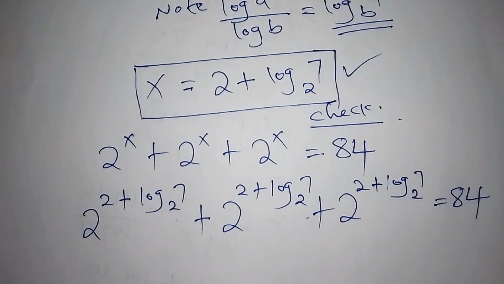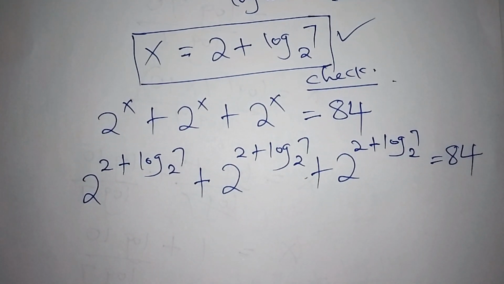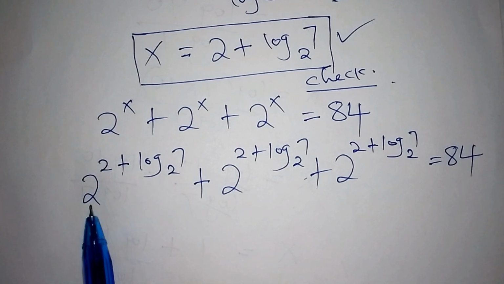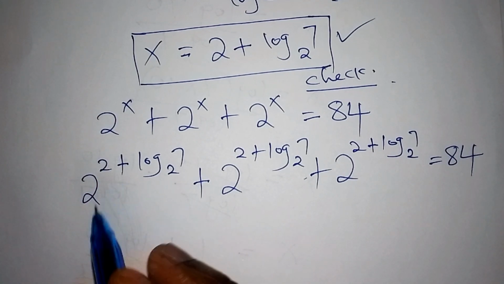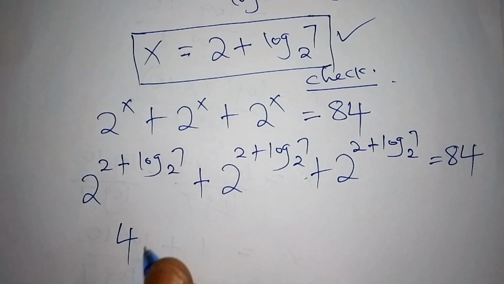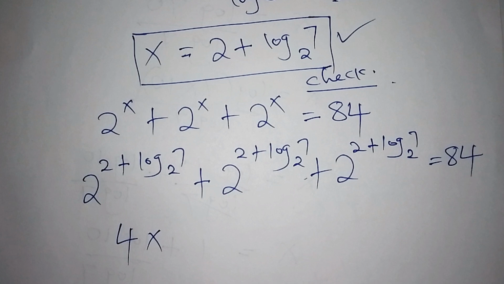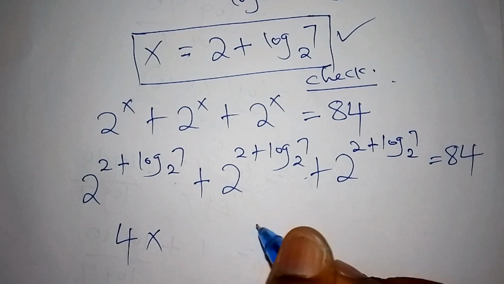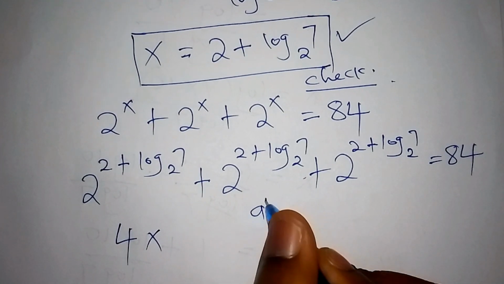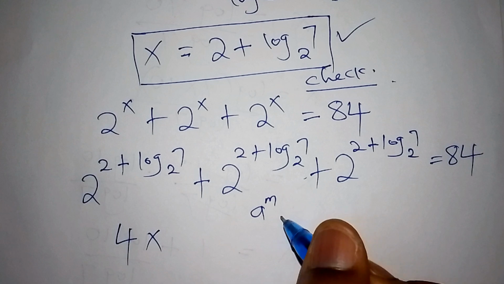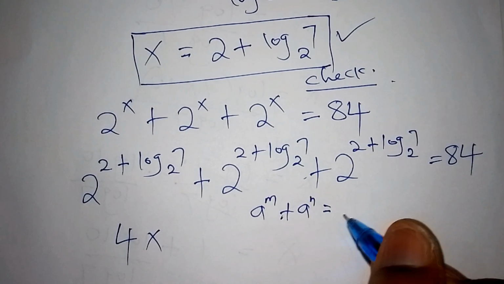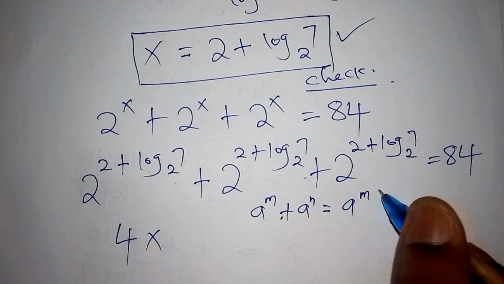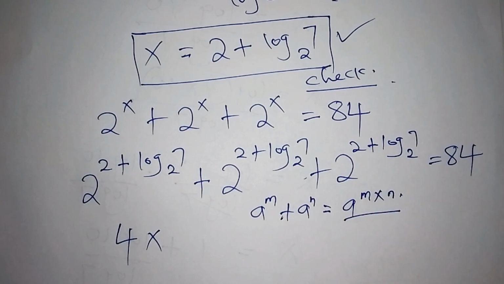So we shall now work out the whole of this value. So 2 to the power of 2 is 4, like we are working out 2 times 2, which is 4. So here the multiplication sign shall change to addition. So why addition? We know very well that a to the power of m plus a to the power of n can also be written as a to the power of m multiplied by n.